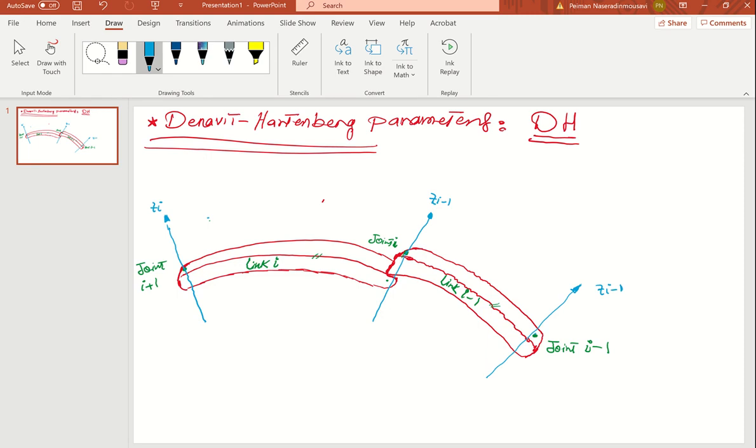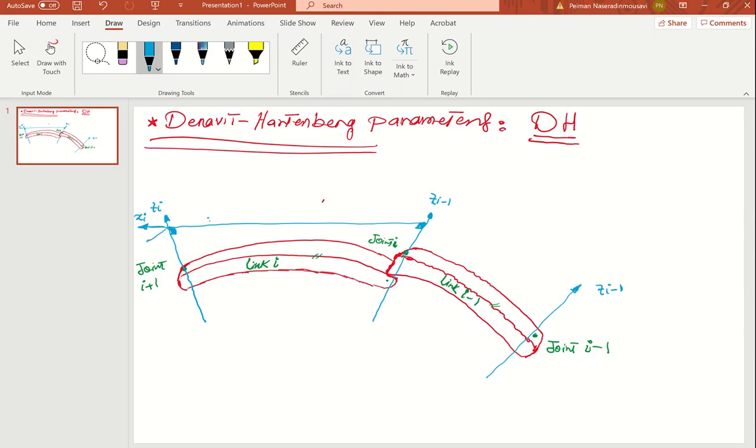Okay, so now I am connecting these two z's together, saying that this angle is 90 degree. Okay, here's 90 degree, and also saying that here is 90 degree. So because two links on the space, we have to visualize. And here gonna be Xi. What I'm doing, I'm setting up the frames attached to the links or joints.